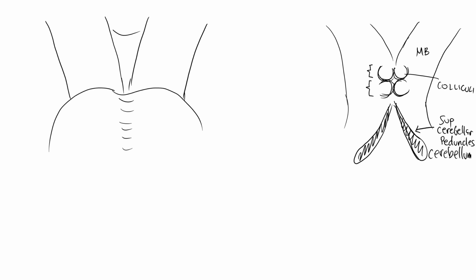Of course, you don't forget your cranial nerves. You have a cranial nerve coming from the front there. That's your cranial nerve 3. And a cranial nerve that comes from behind and goes out here.